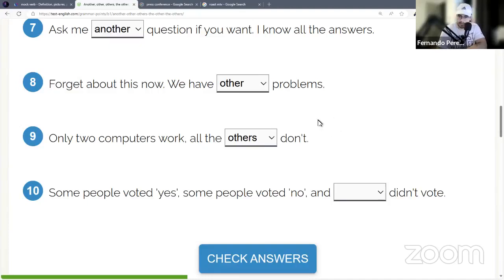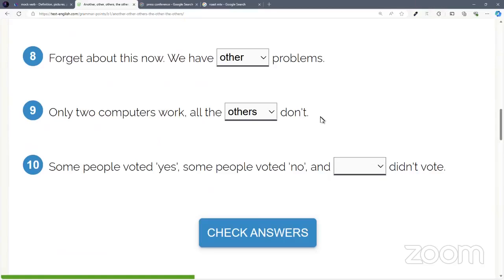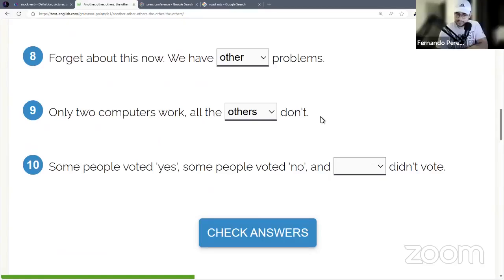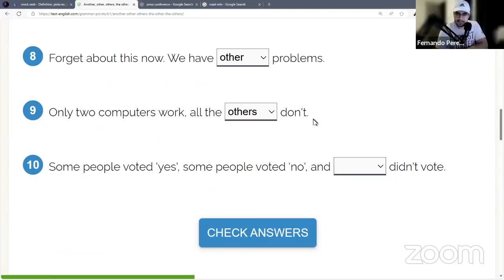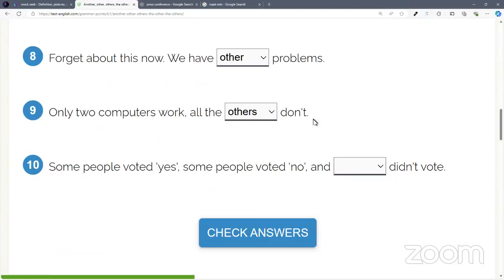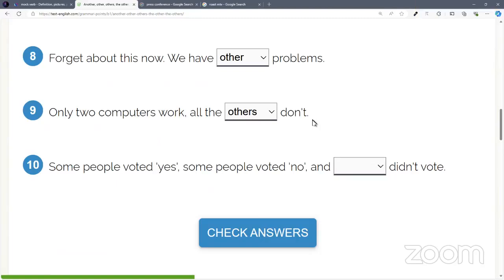And the last one, number 10. Yesi. Some people voted. Study your verbs. Voted. Some people voted yes. Some people voted no. And the others didn't vote.